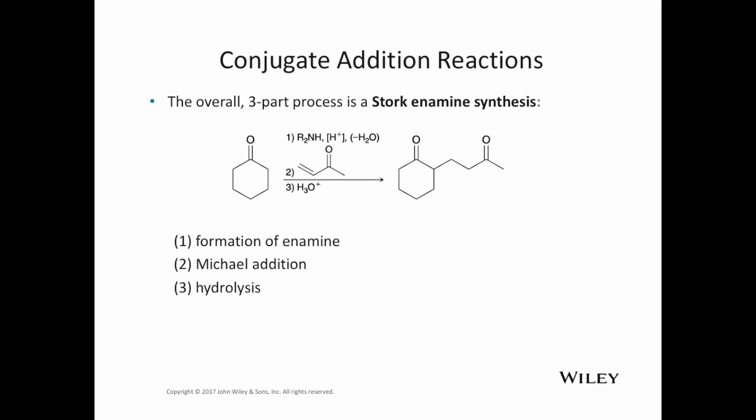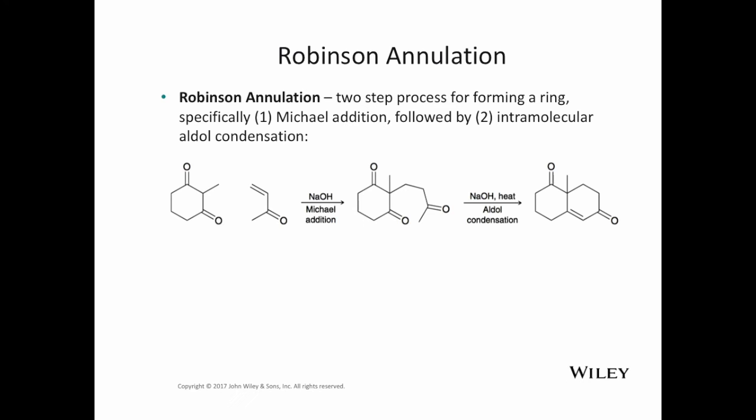So the overall process involves 1, formation of the enamine, 2, Michael addition with your suitable acceptor, and 3, hydrolysis. So it doesn't really matter what your secondary amine here is, since it's not going to be sticking around in the product. A Robinson annulation is a 2-step process that forms a ring that involves a Michael addition followed by an intramolecular aldol condensation.